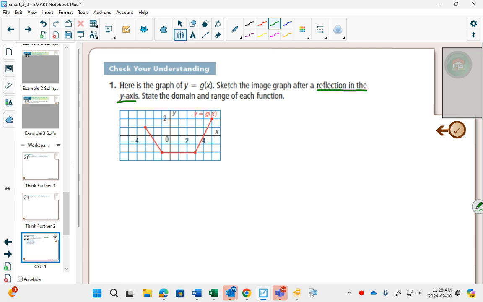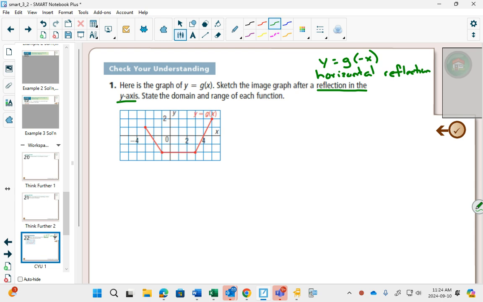So if we are reflecting in the y-axis, can you see that points are moving left and right? So above this, you can write horizontal reflection. If they gave this in function notation, since this function is g, I'll use g, but sometimes people just write f for everything, that's fine too.